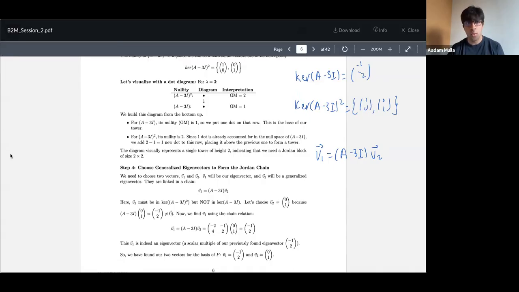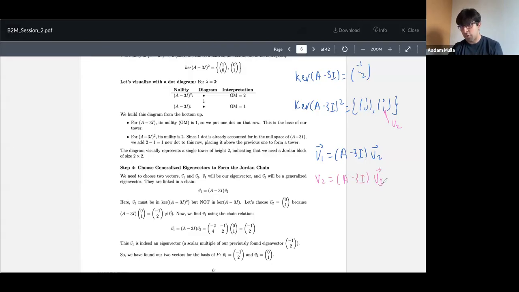We choose our vector v2 from these vectors, and then we solve our chain. So v1 equals (A - λI) times v2. In the same way, if you had to go, for example, to (A - 3I) cubed, then you would say v2 equals (A - 3I) times v3.